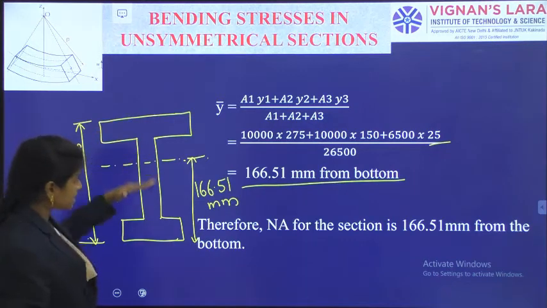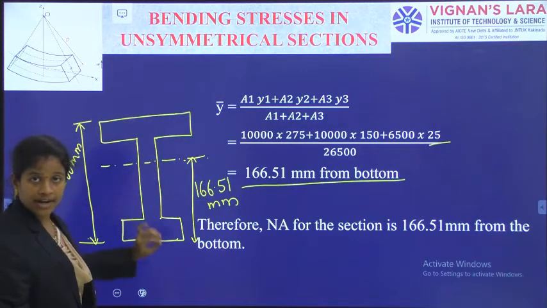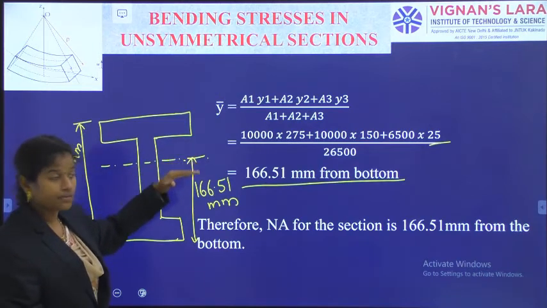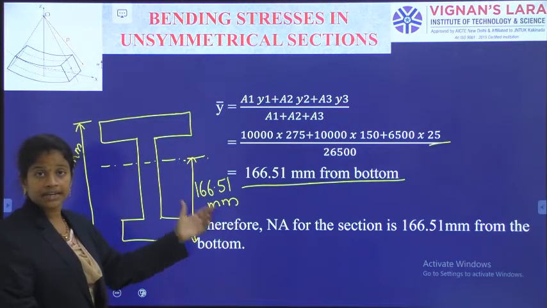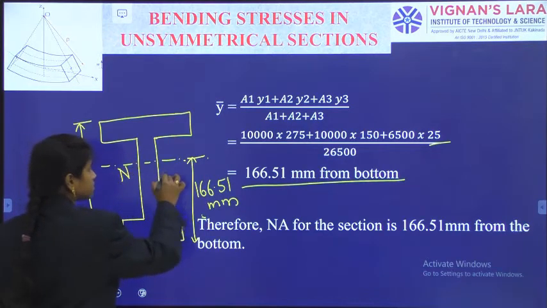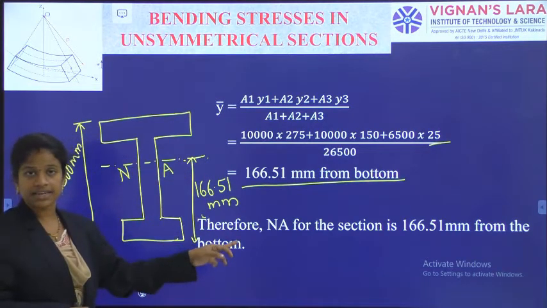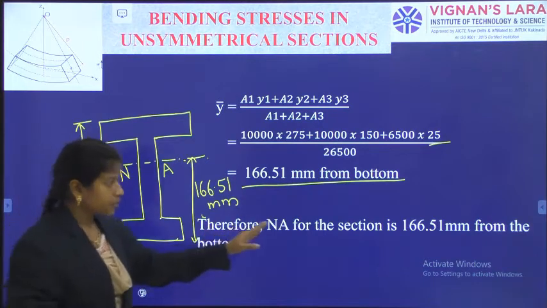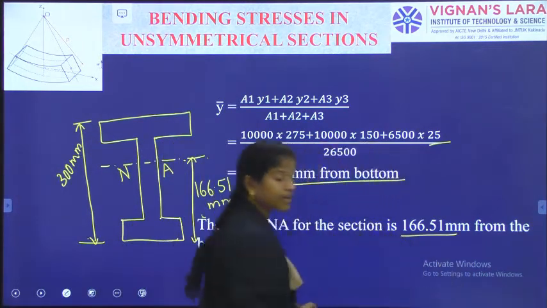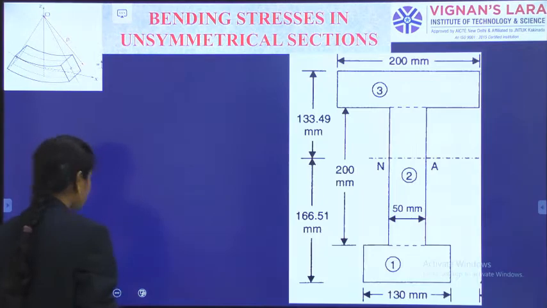Okay, as this is the overall depth 50, 250, and at a distance of 166.51 from the baseline we are having the neutral axis or the centroidal axis. So this NA or centroidal axis line is like this. Therefore, the neutral axis of the section is 166.51 from the baseline or from the bottom.